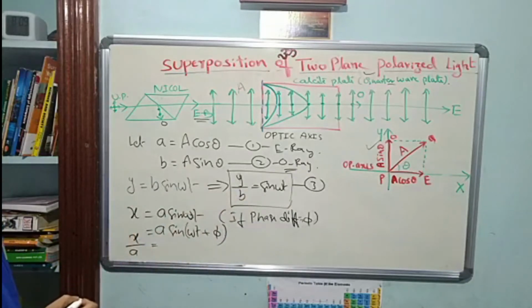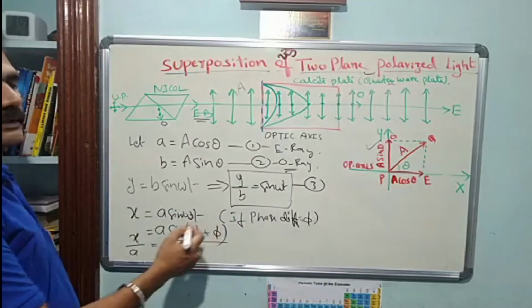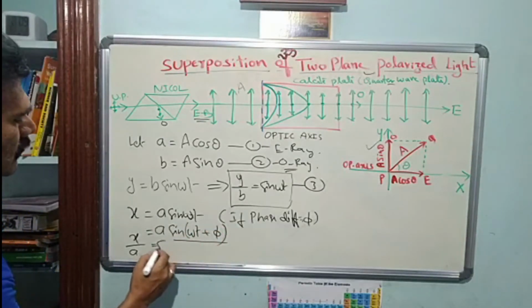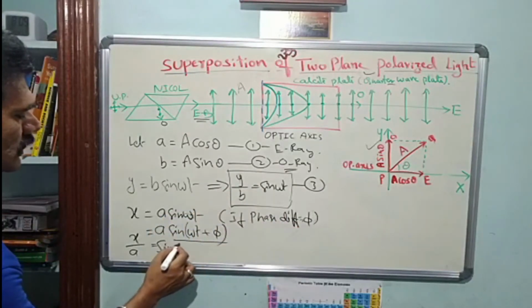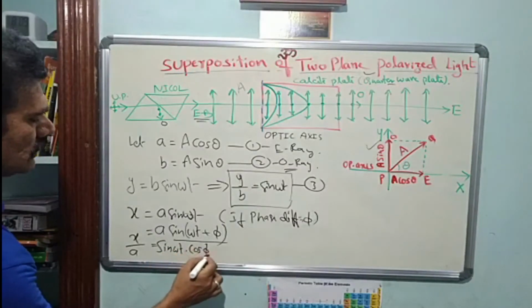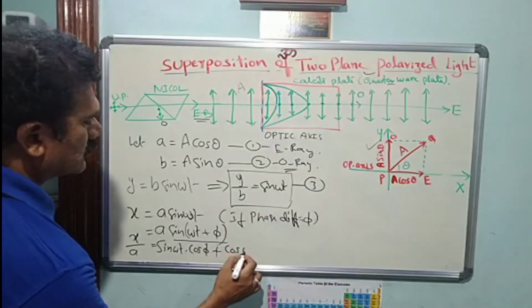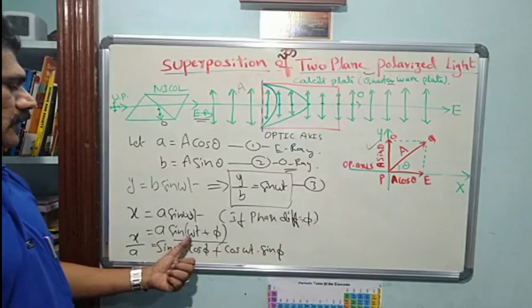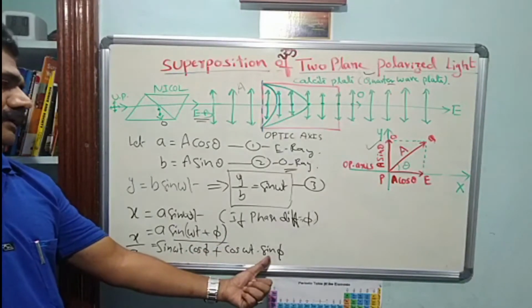According to the trigonometric identity, sin of A plus B can be written in split form as sin A cos B plus cos A sin B. Here A and B are omega t and phi. So sin omega t cos phi plus cos omega t sin phi. In this form we can write this equation.